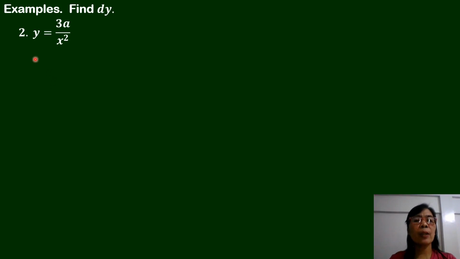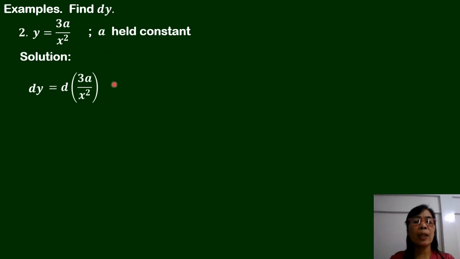Find dy in the function y is equal to 3a all over x squared, where a is held constant. So to find the differential of y, we take also the differential of 3a all over x squared. So remember that a is constant.